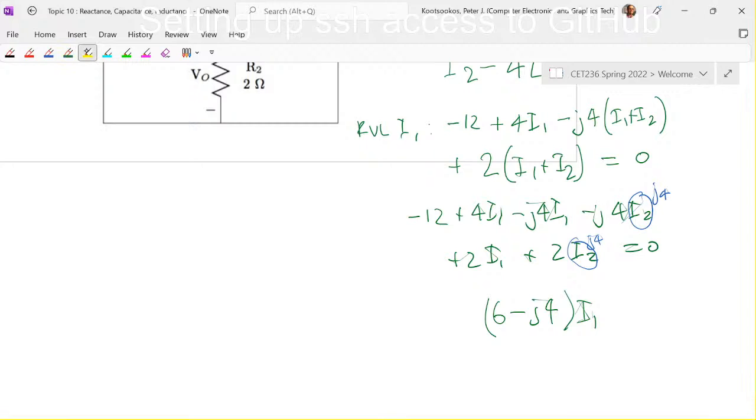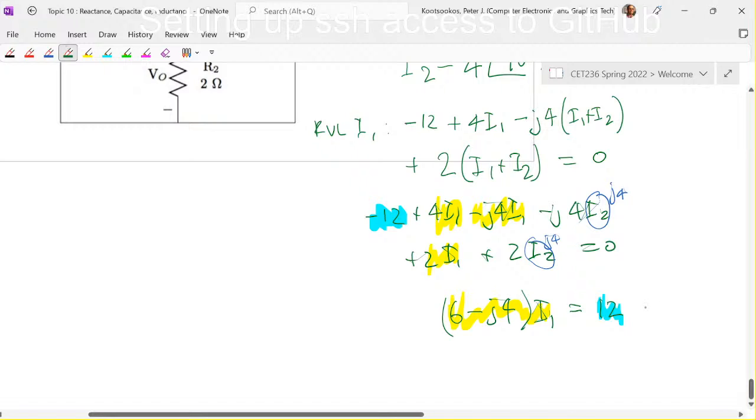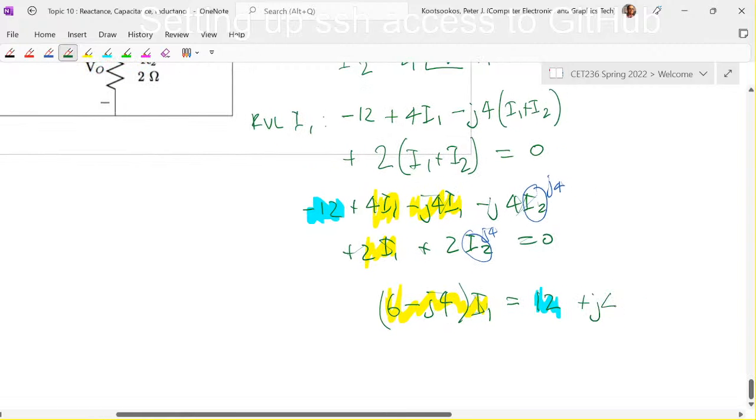So I think that means that one means that I've counted for that one, and that one. So then I'm just going to say, because everything else is a constant, I'm going to bring the 12 over this side. And then that's plus J4 times J4.